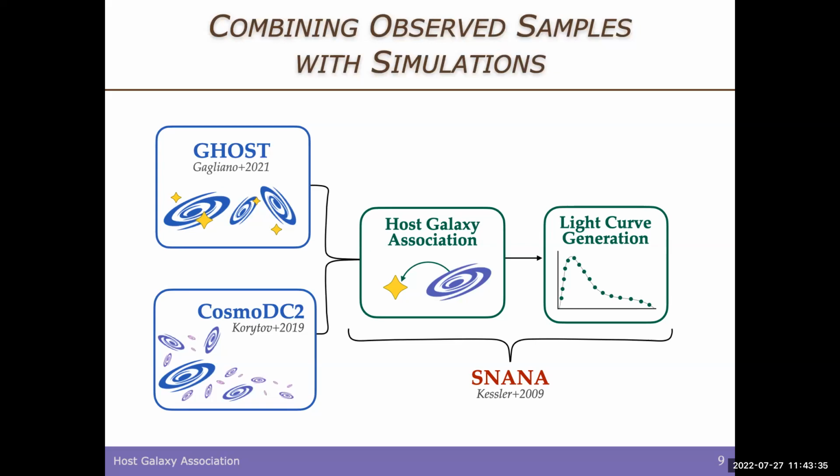And the piece that we've been working really hard on integrating is this earlier chunk right here to realistically associate transients with their host galaxies and to have that association informed both by observations using a catalog called GHOST that I consolidated last year, and a simulation called CosmoDC2. And this is a synthetic sky catalog that pushes all the way out to redshift of 3.